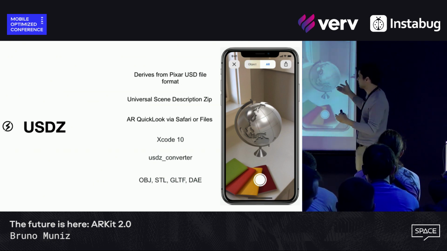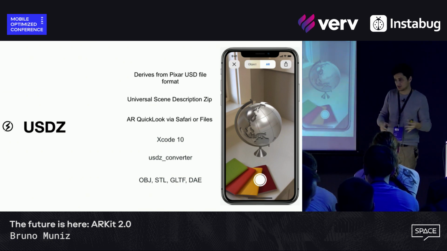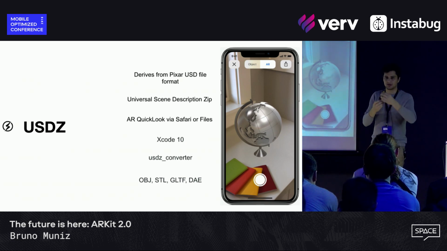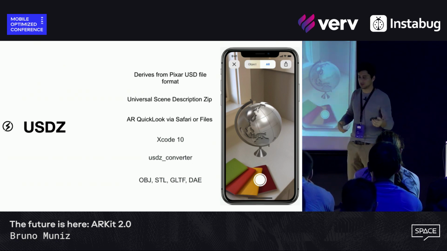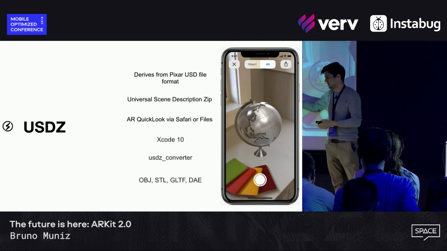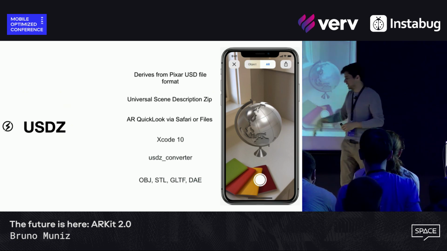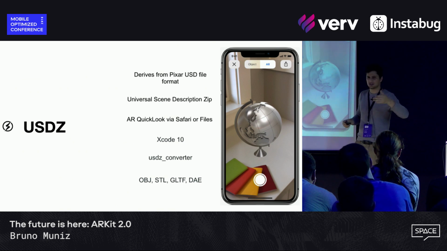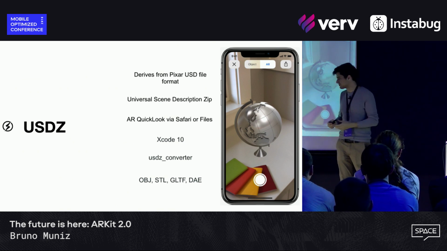So once you have your model, you can share it with everyone else. You have your USDZ file. For example, I want to sell this pointer here, so I just create the 3D model for it and transform it into a USDZ. You can do that by installing Xcode 10. In the command line tools you have a tool called USDZ converter, and you can pre-model in another tool like Maya or something in the Autodesk suite.